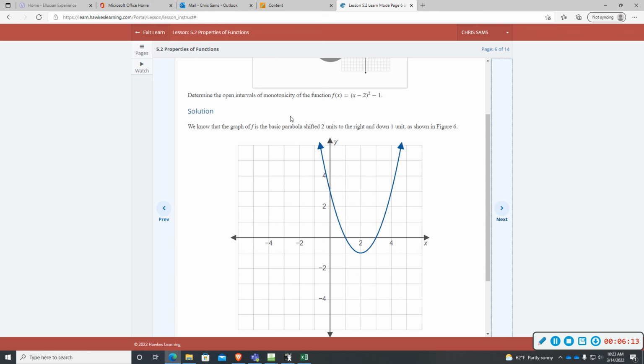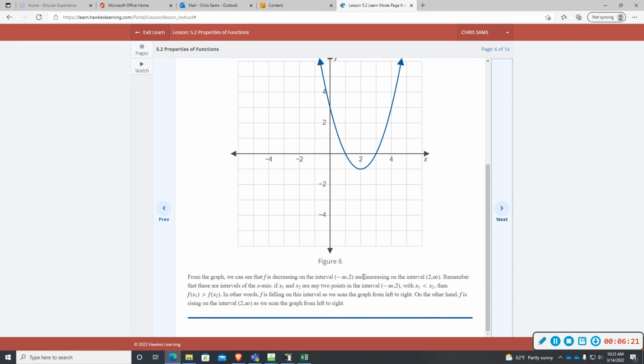Since that arrow is pointing, that means it's going all the way to negative infinity and decreasing until you get to this point, -2, which is what they're showing here. And then at, not -2, at +2, it's going up or increasing all the way to infinity.